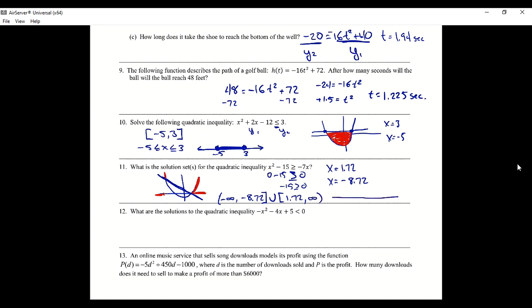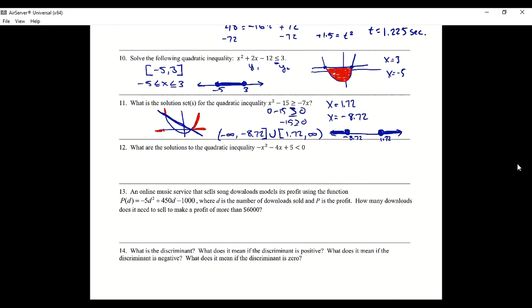And on the number line, negative 8.72, 1.72, closed circles again for equal to's, but this time outside. All right, we're getting there.